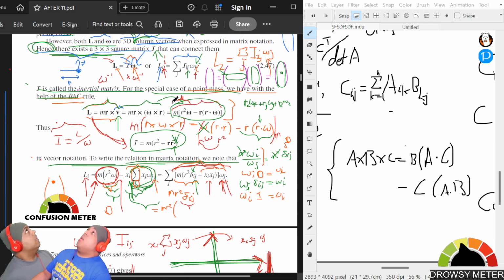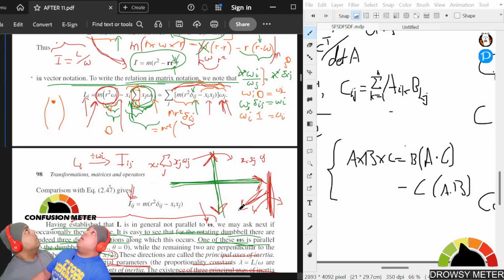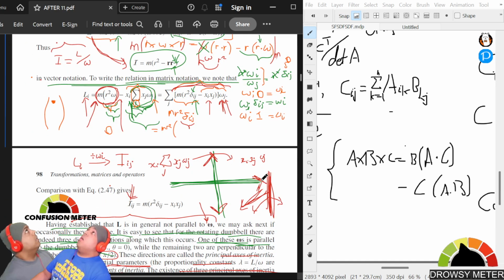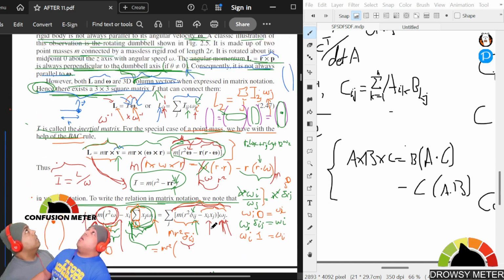So L equals a multiple of omega minus a multiple of R, times omega dot R. L is in general not parallel to omega.